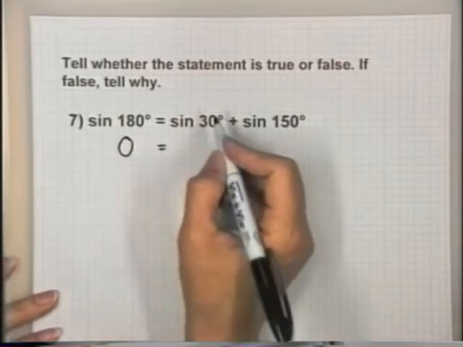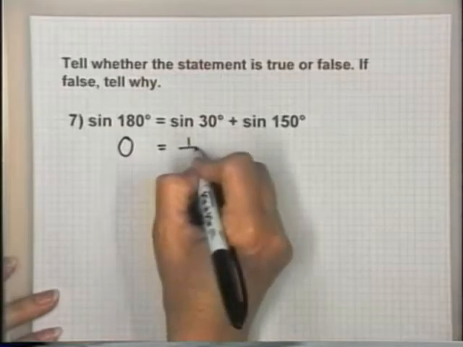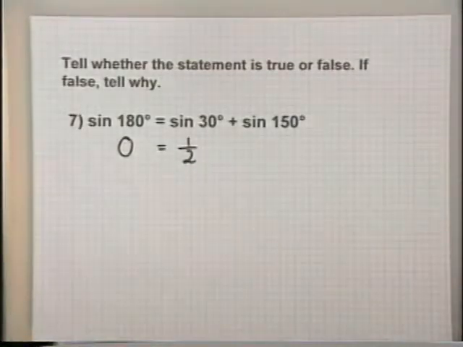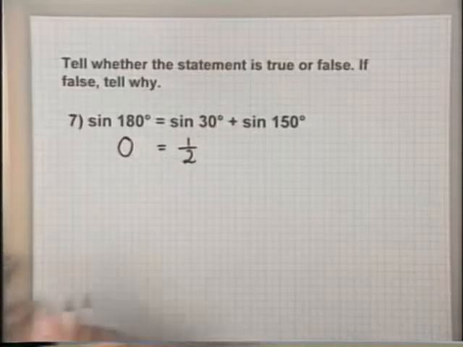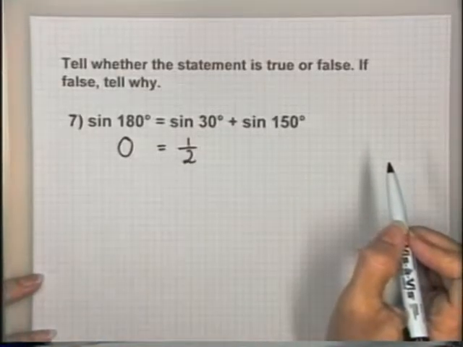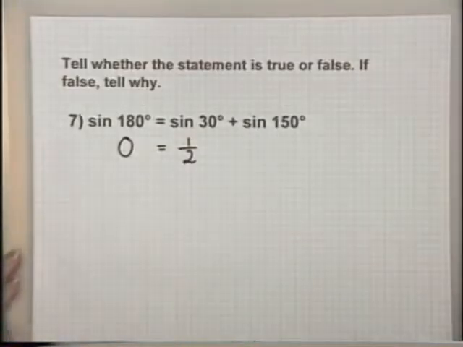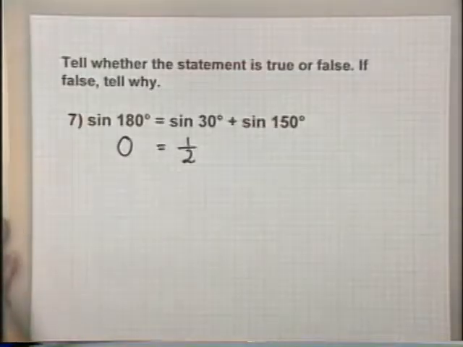Well, I'm supposed to know that the sine of 30 is 1/2, and I'm supposed to know what the sine of 150 is. I'm supposed to know that by knowing its reference angle.